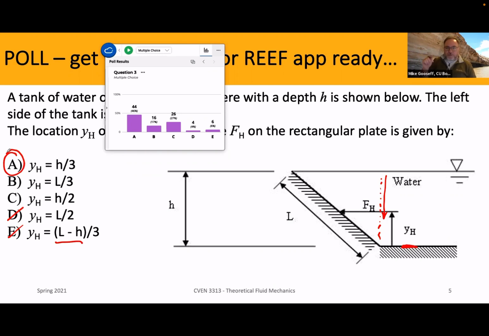And that pressure prism then is going to act 1/3 of the way up through H, all right? Regardless of how we have the wall tilted. So Y sub H should be 1/3 of the way up through H, all right? Okay, terrific.